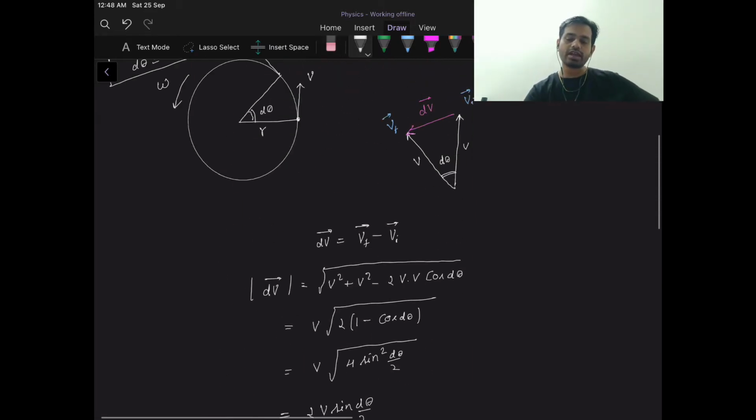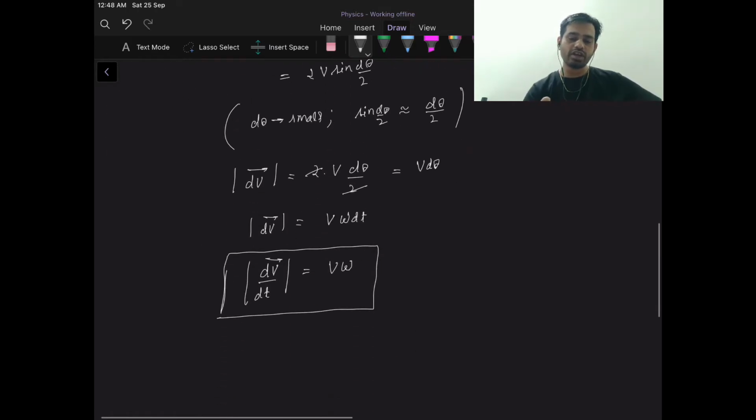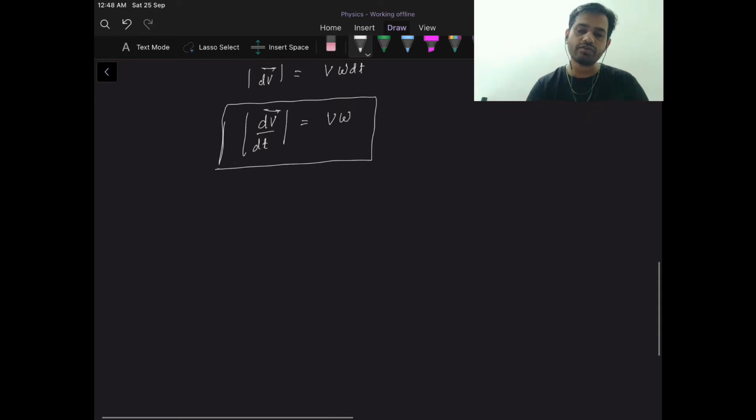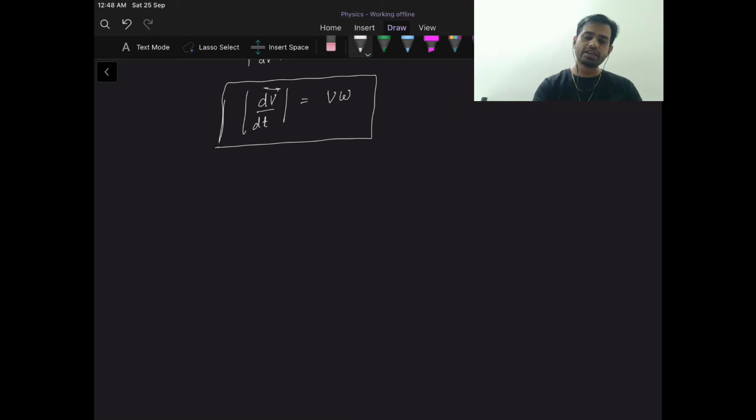Now since acceleration is a vector quantity, and any vector quantity will have magnitude as well as direction, here we have calculated the magnitude. Now let us try to see what will be the direction of acceleration. Suppose this was the initial velocity vector and this will be the final velocity vector, and this angle is a very small angle.